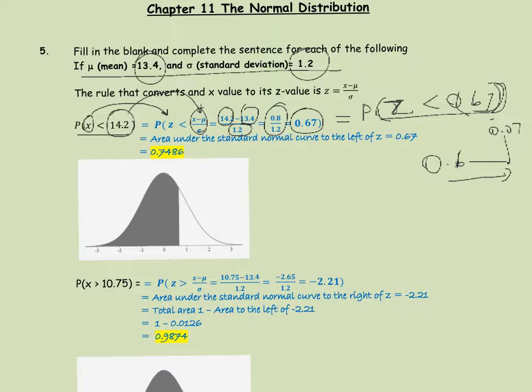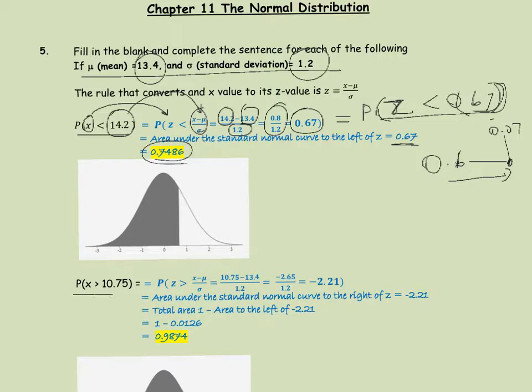This would be the area to the left of 0.67. So the area to the left of 0.67 is 0.7486, and that would be the probability that x is less than 14.2.